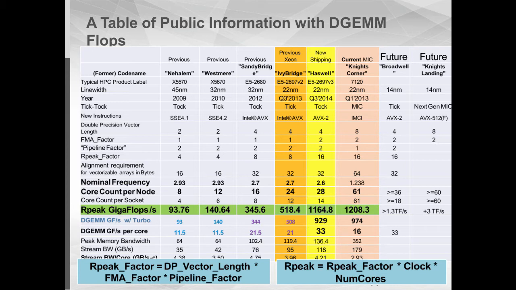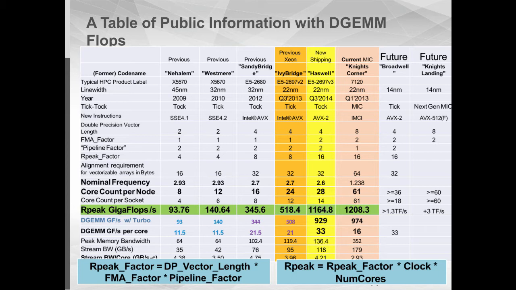The nominal frequency has tended to go down just slightly on the Xeon line, but the core count keeps increasing. So the R peak gigaflops row shown in green shows a steady increase in compute capacity.